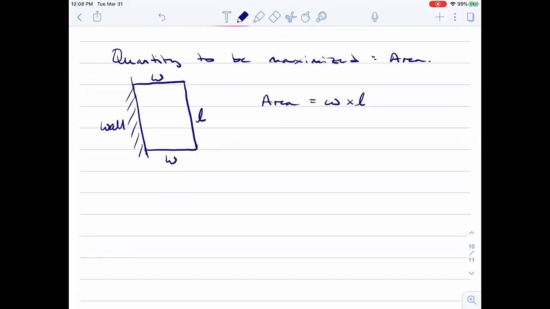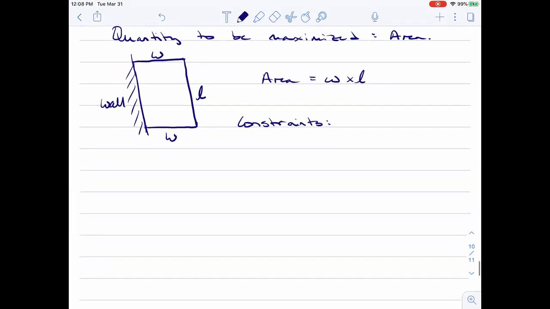What we also said was that our constraint is that we only have 800 feet total. So the width plus the length plus the width can't go over 800 feet. So 2W plus L ideally equals 800, but it has to be less than or equal to 800. But I'm going to maximize this whole thing.